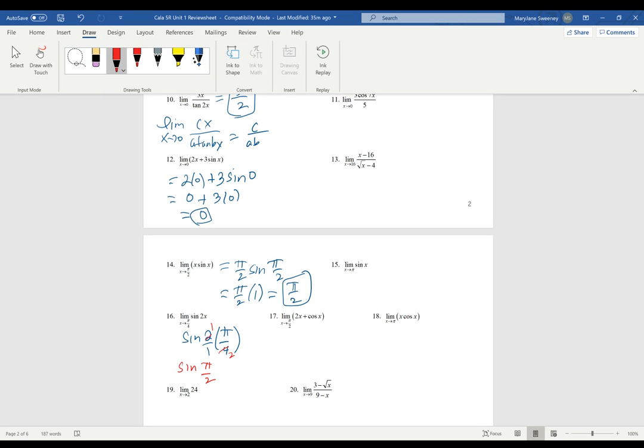So that's sine of pi over 2, which again is 1. Pi cos pi. Cos of pi is -1. So this would be a negative pi.